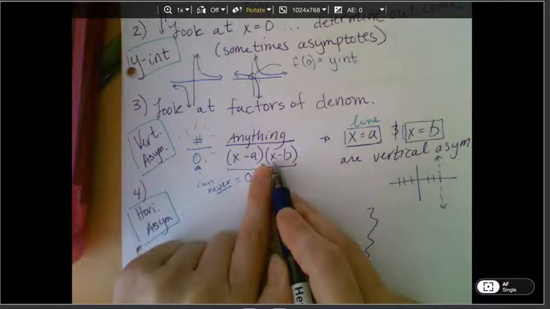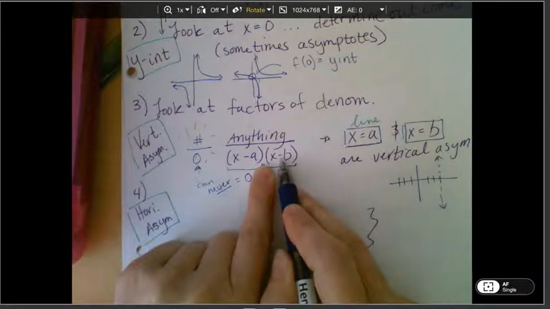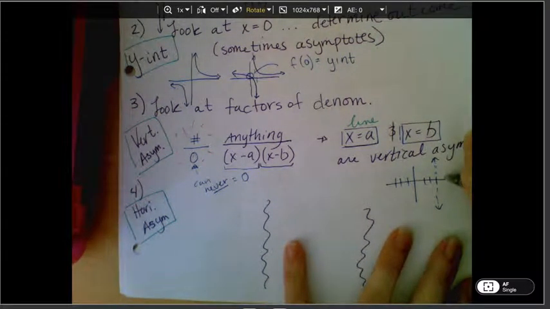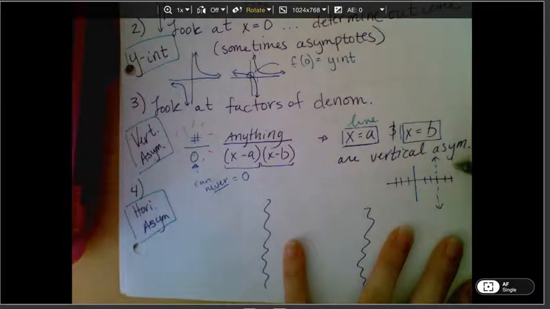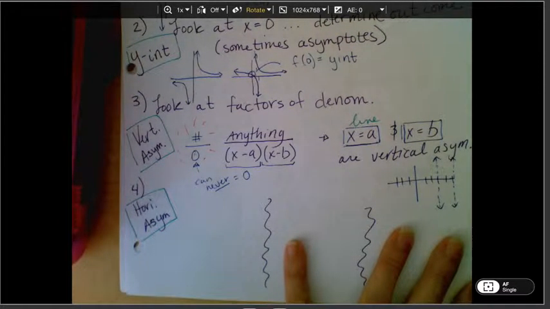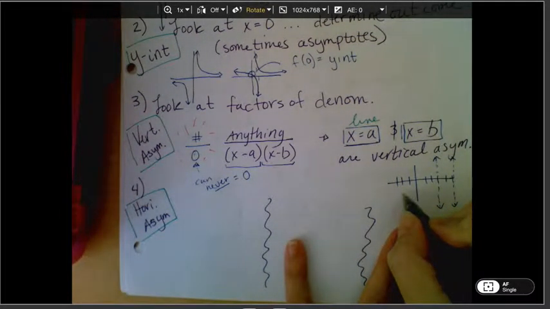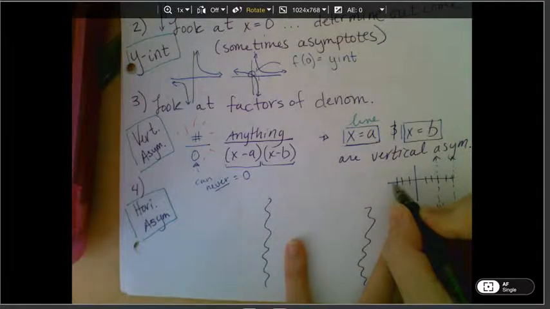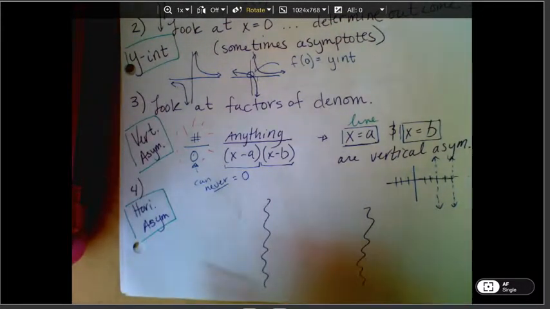So 5 minus 5, so x can't be 5. So you've got a couple of vertical asymptotes here, and then maybe you had a horizontal at 0 or something.